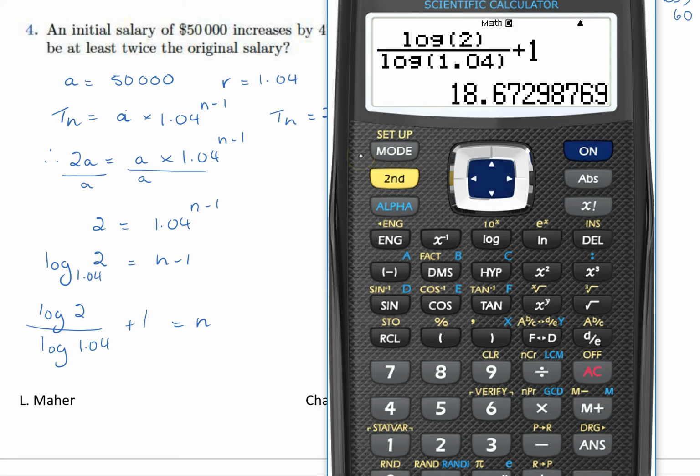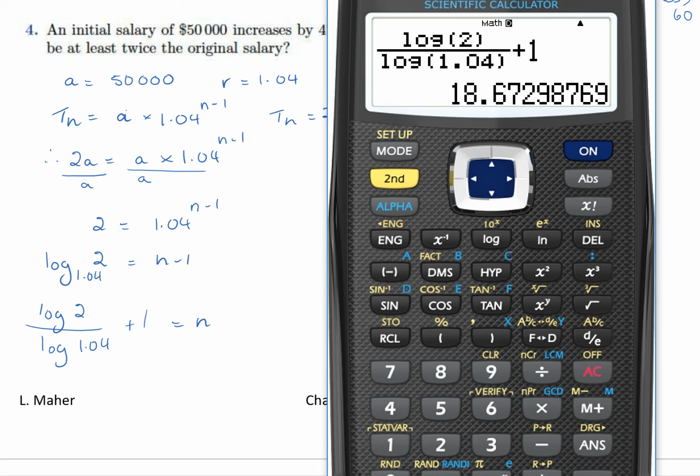What we've found is that between the 18th and the 19th term, somewhere in there, you would get twice the initial salary. So the 100,000 would occur if you could have a term called the 18.6729 blah blah term. Well, we can't have that.